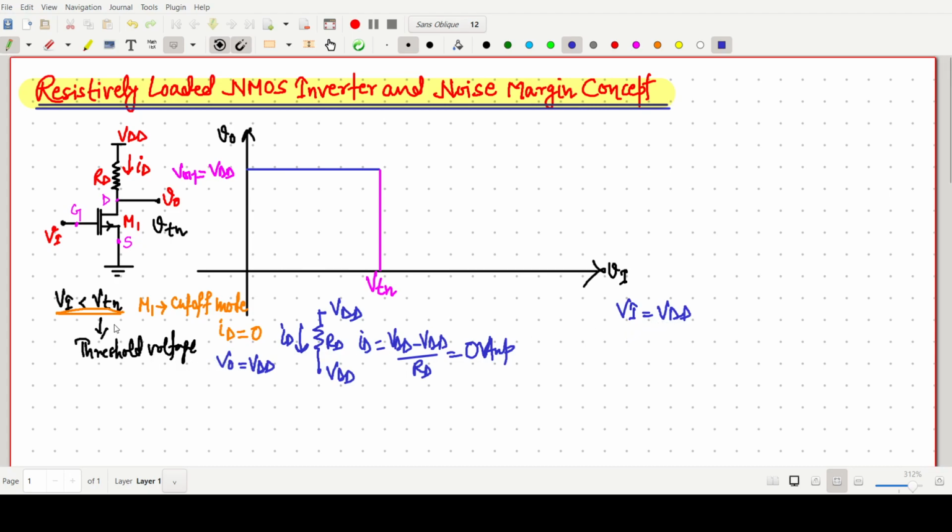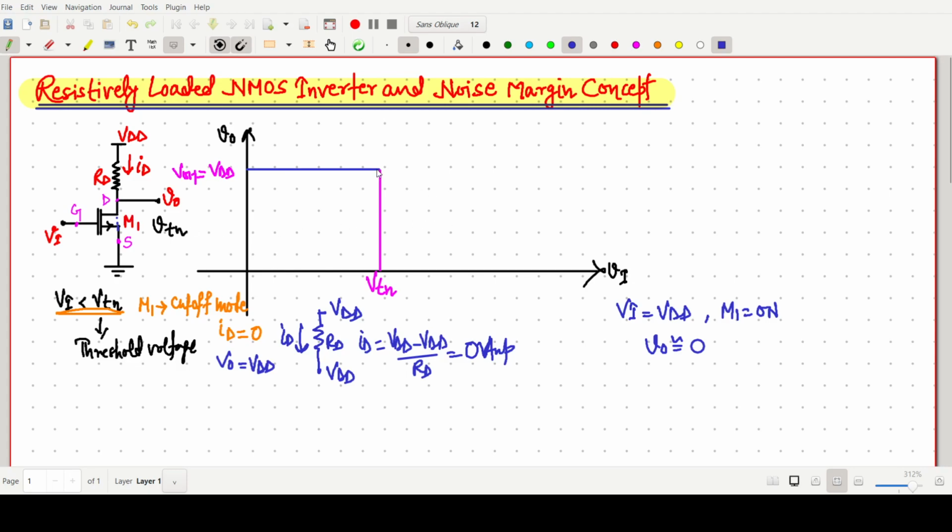One condition was when Vi is less than VTN, with 0 ampere current. When the input is very high, the transistor M1 will be on, but I am not telling whether it is in saturation or linear, that we have to decide. The V naught value is nearly 0 volt, because this will be shorted, nearly equal to 0 volt, but not exactly 0.